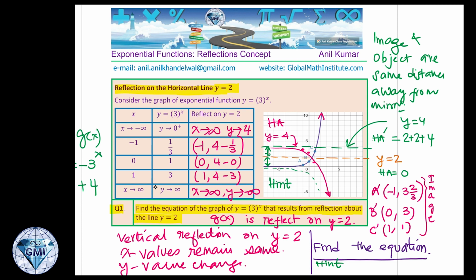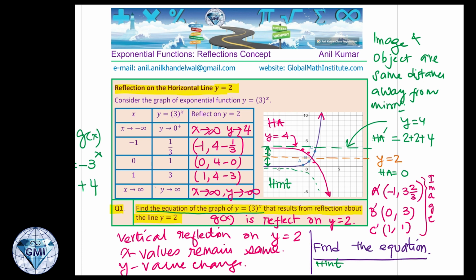And that is how you get the equation of the graph of y equals 3 to the power of x when it is reflected on the line y equals 2. Is this part absolutely clear?